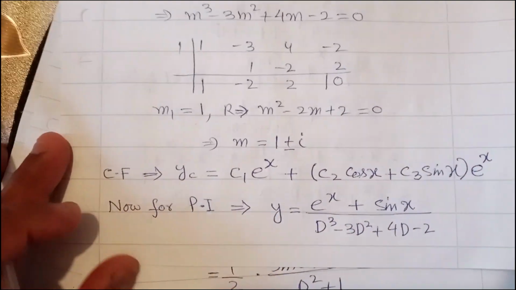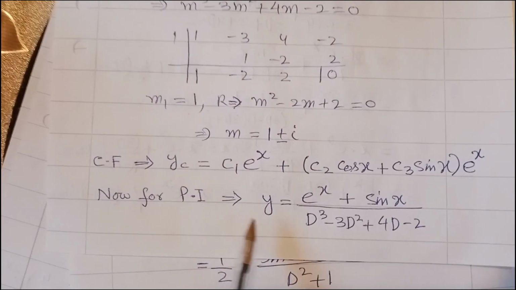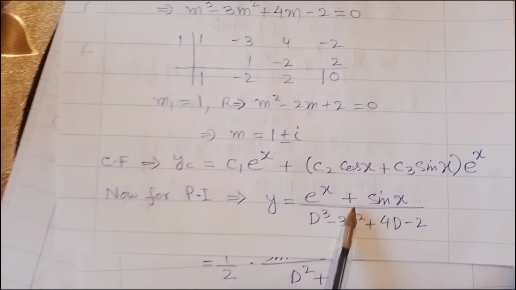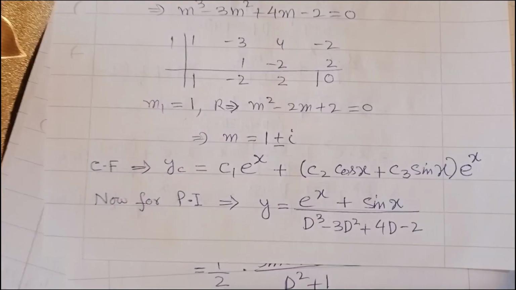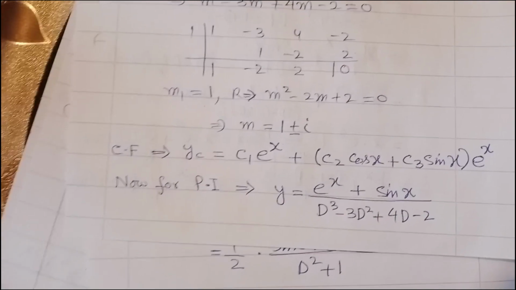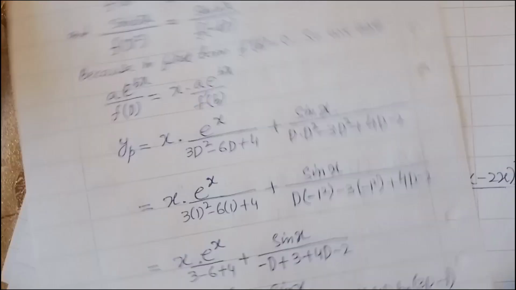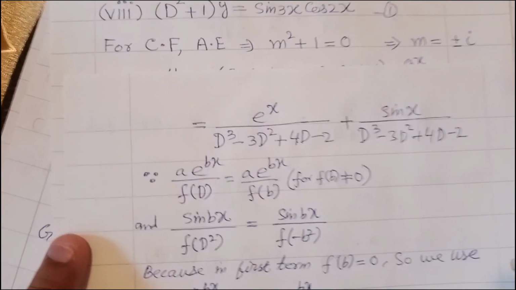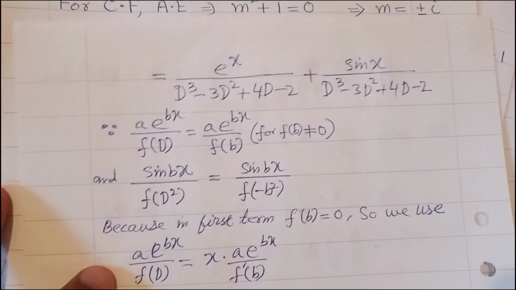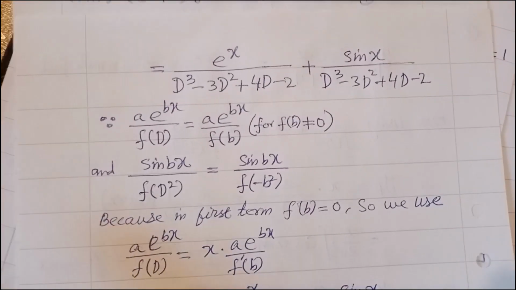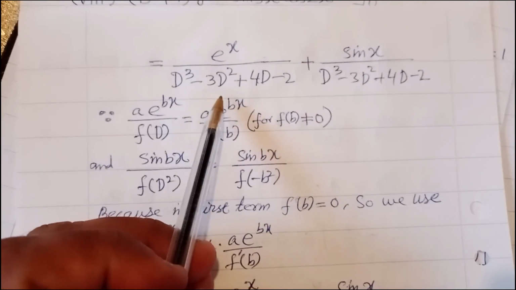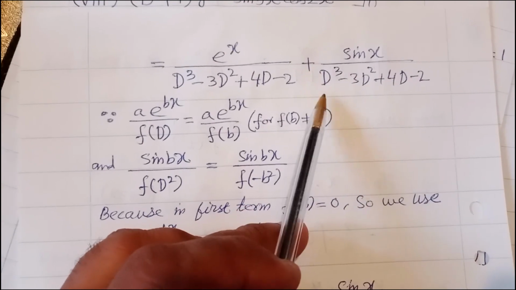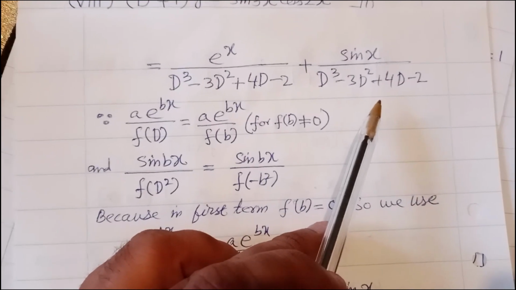Now from equation number 1, the particular integral becomes y = (e^x + sin x) / (D^3 - 3D^2 + 4D - 2), and splitting it, it can be written as e^x / (D^3 - 3D^2 + 4D - 2) + sin x / (D^3 - 3D^2 + 4D - 2).